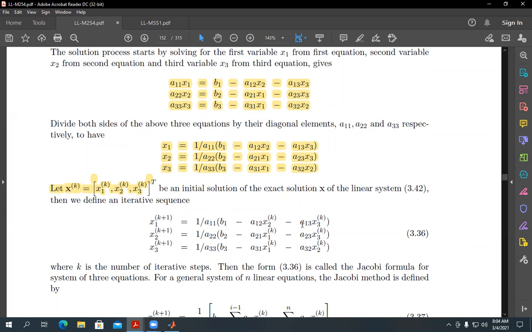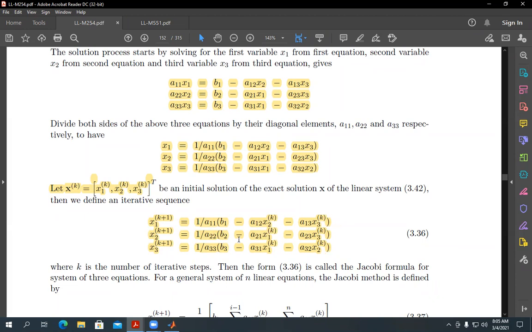When you put the initial values on the right hand side, the left hand side is a new approximation. This is called the simplest Jacobi iterative method for solving the system of linear equations.